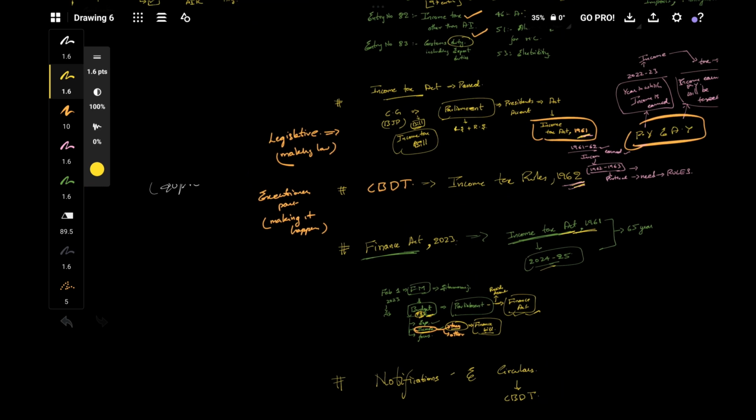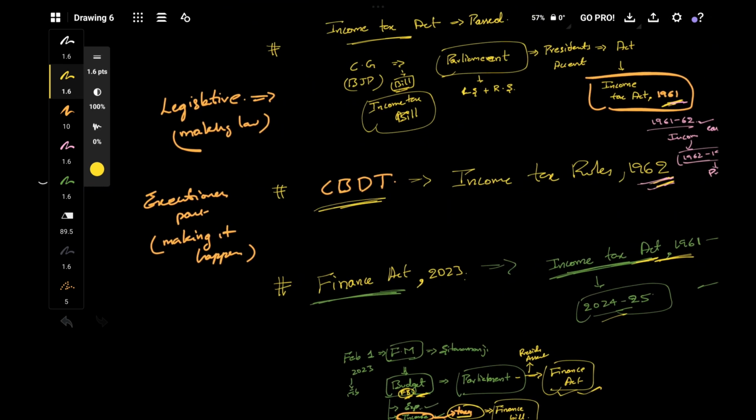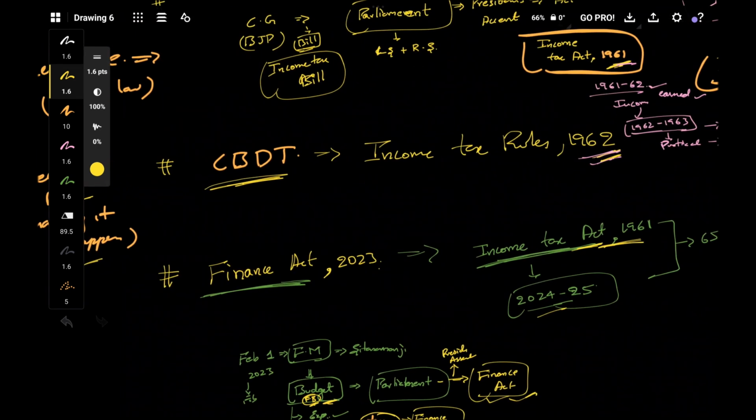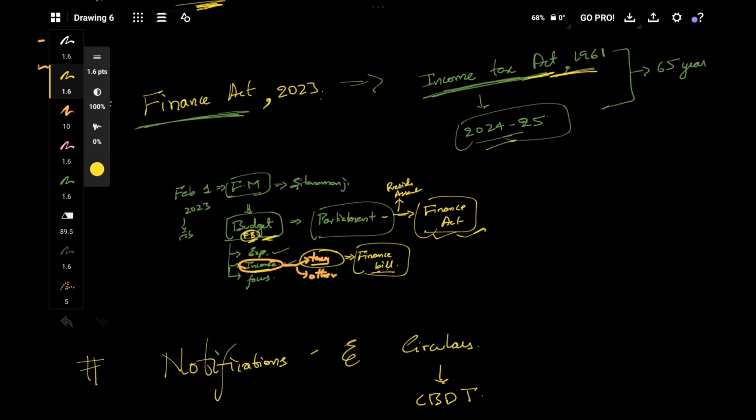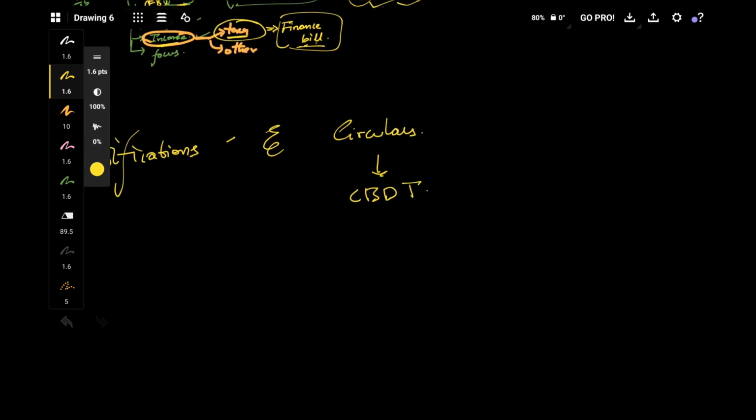That's nothing but the executionary part of the Income Tax Act, which we have discussed here. To get the Income Tax Act applicable practically, CBDT will issue some circulars. Circulars are nothing but clarifications.